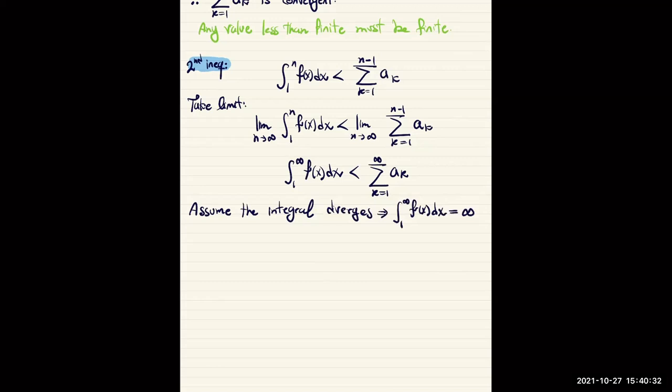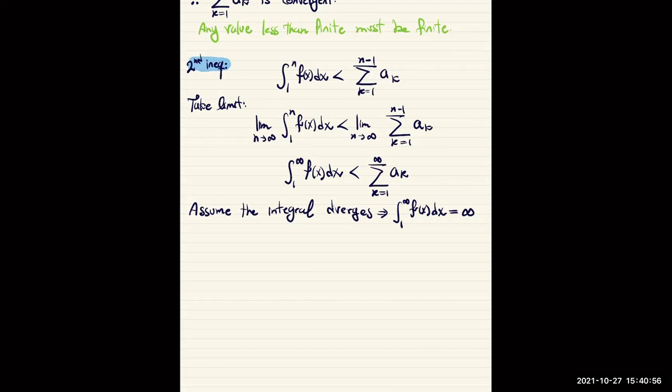When in general an integral diverges, it means that integral could be infinity, it could be negative infinity, or it just doesn't exist. It could be some weird case, like both infinity and negative infinity, so we say it doesn't exist.